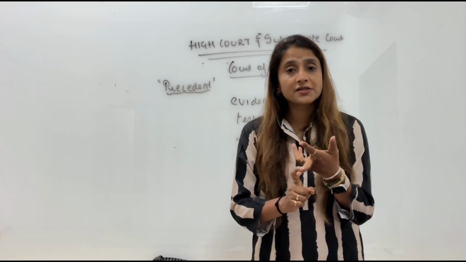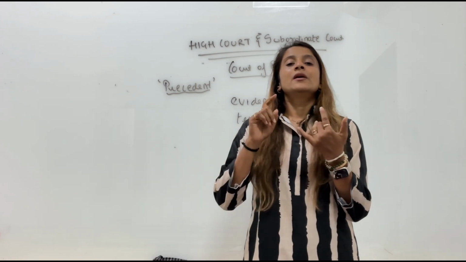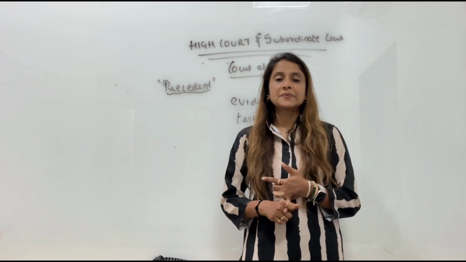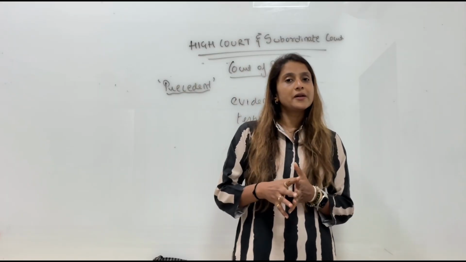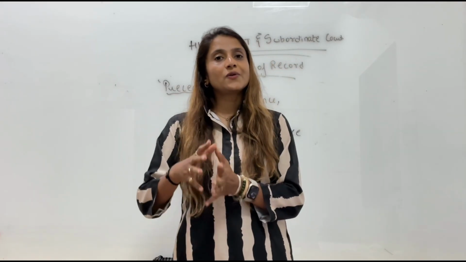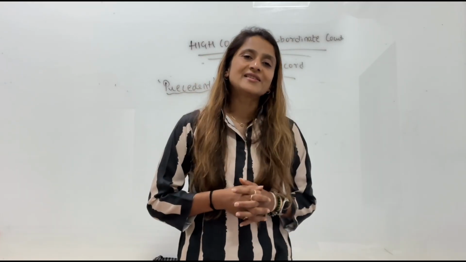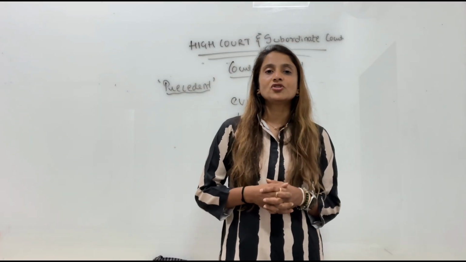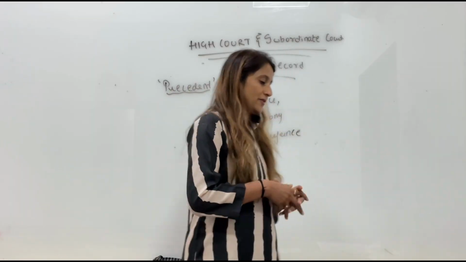Evidence, testimony, reference in future cases, and they are in the nature of precedent. It means whatever judgment has been taken by the High Court in a particular case, in similar cases the subordinate courts of that state are bound to take a similar decision. And we also record the case so that we can punish a person for contempt of the court.